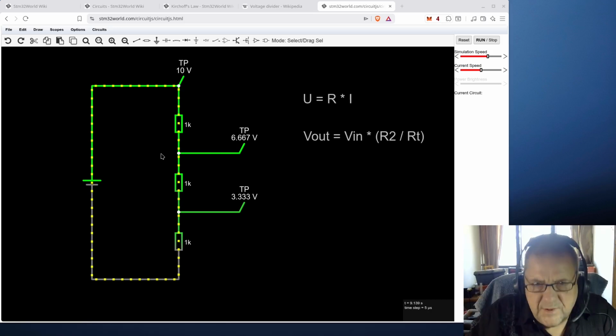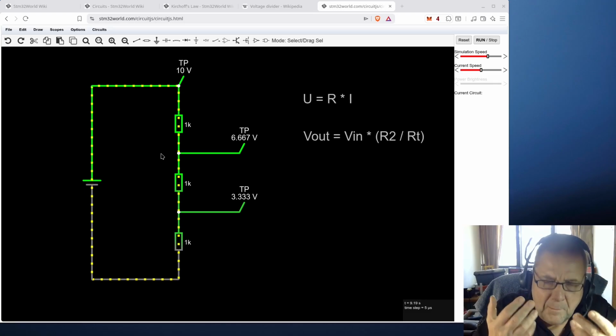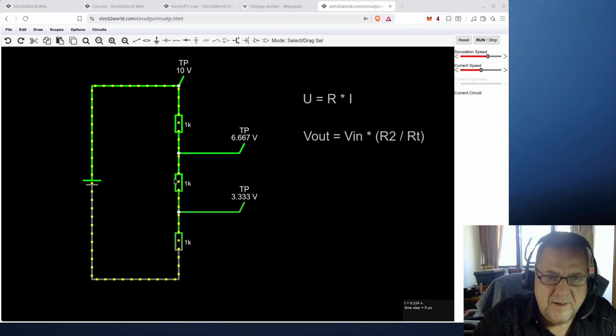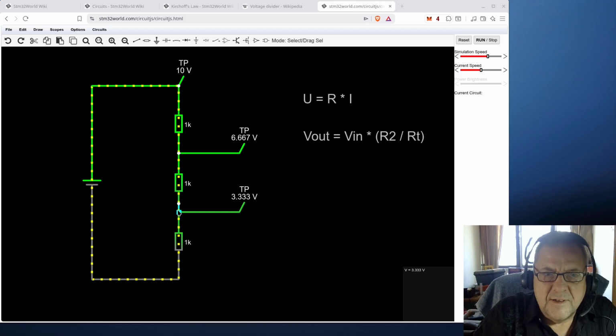Now, Kirchhoff's law, while sounding abstract, is basically a basic understanding of how current flows around in the circuit. And because of that, it states that the current flowing into that point in the circuit must be the same as is flowing out of it. Same with this one, whatever flows in must flow out, and the same with this one and this one.